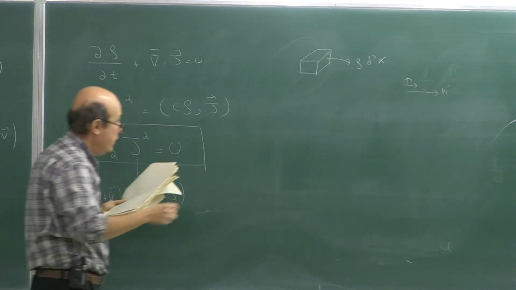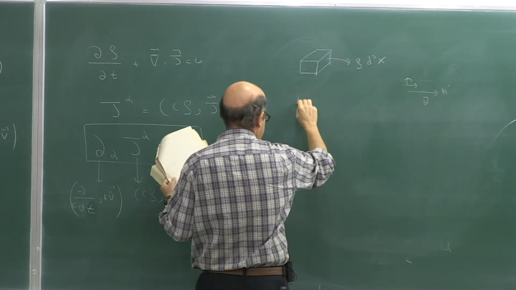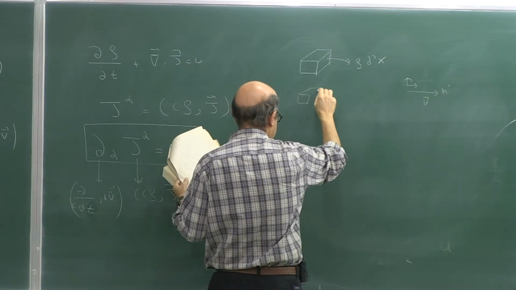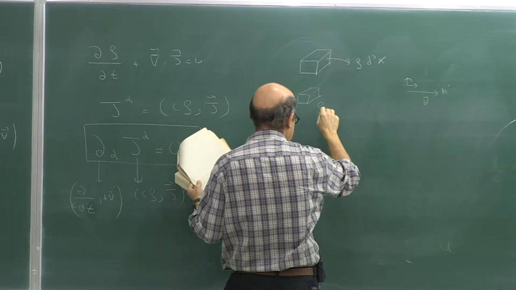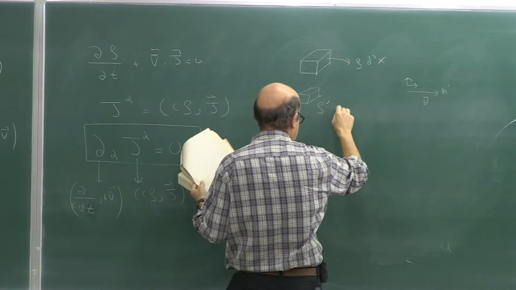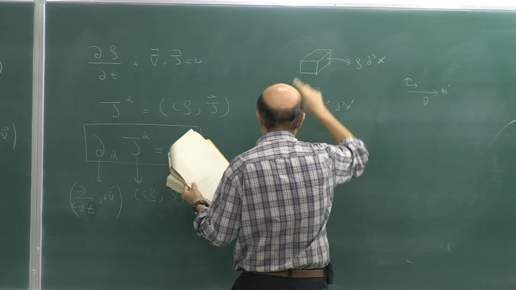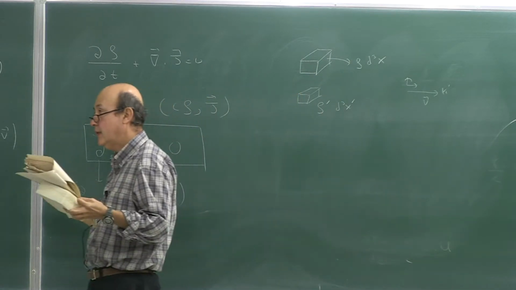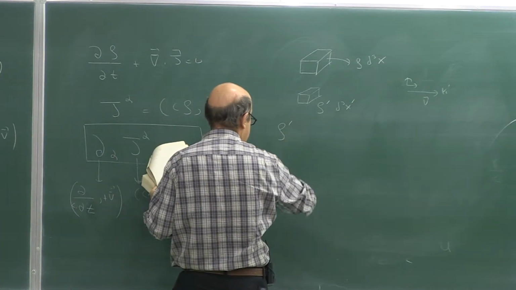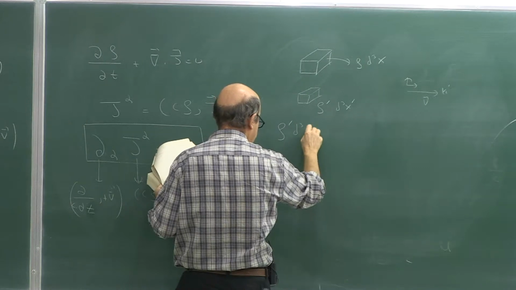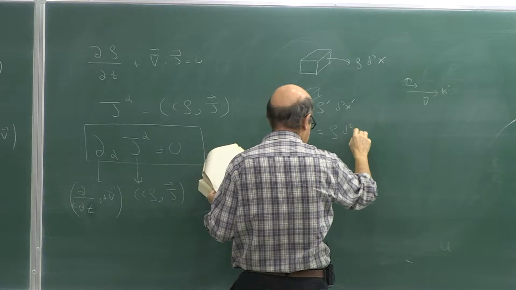So if you look at this from a moving frame, then you will have a new volume that will be contracted, and you have a new charge density. And we know that the total charge in this box doesn't change. That means that the charge density times d cube x prime is equal to charge density times d cube x.